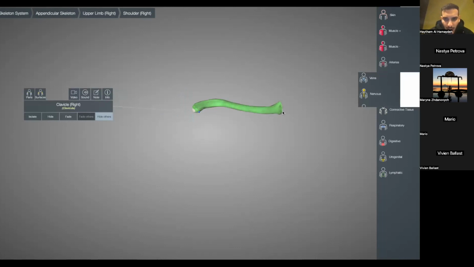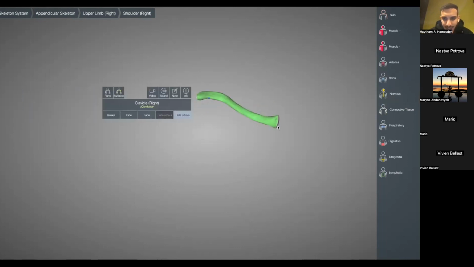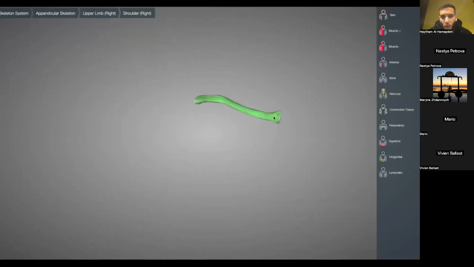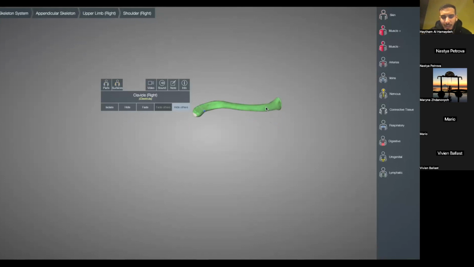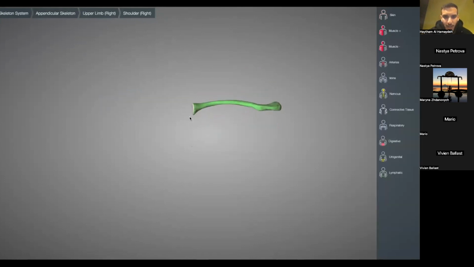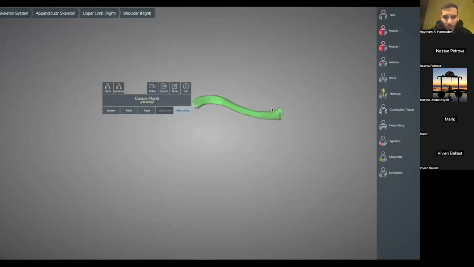It has a sternal facet, it has a costal tuberosity, on this side, sorry, here, costal tuberosity on the posterior end.